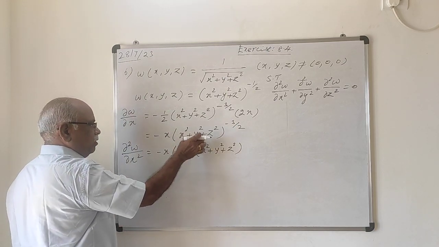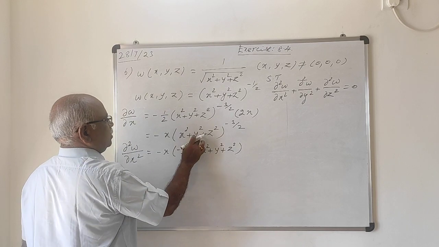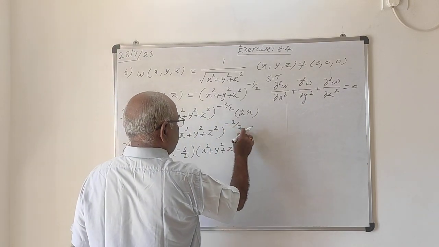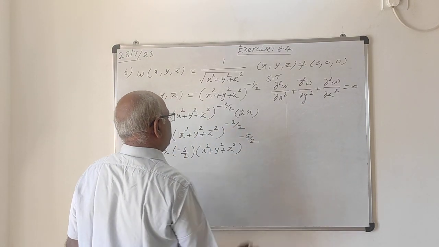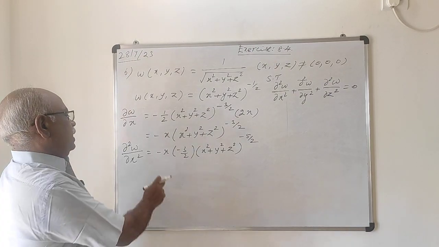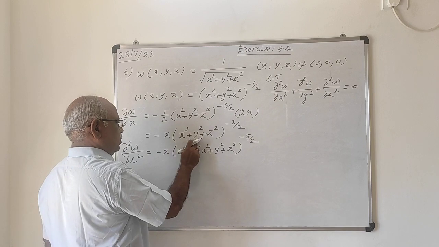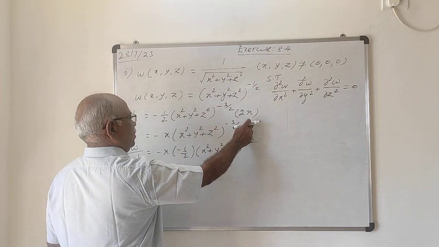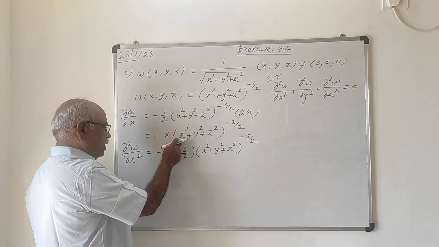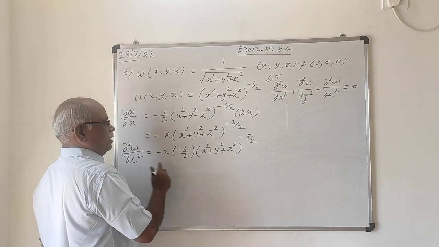Keeping u constant, the derivative of v is minus 3/2 into (x² + y² + z²) to the power minus 3/2 minus 1, which is minus 5/2. Minus x into this term, the derivative of this is minus 3/2 into (x² + y² + z²) to the power minus 5/2 into the derivative of x² with respect to x, which is 2x.